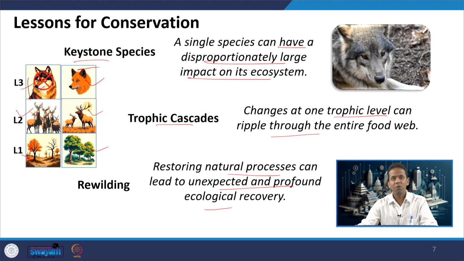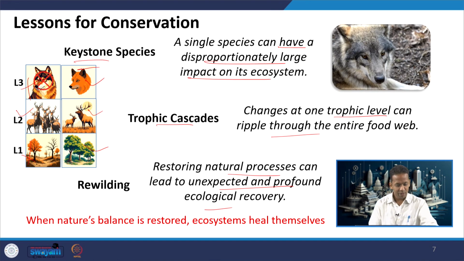So, these were the lessons for conservation, and this case study forms a very good example to convey how a carefully thought out decision can help maintain ecosystem balance, or help ecological recovery. So, when nature's balance is restored, ecosystems heal themselves.